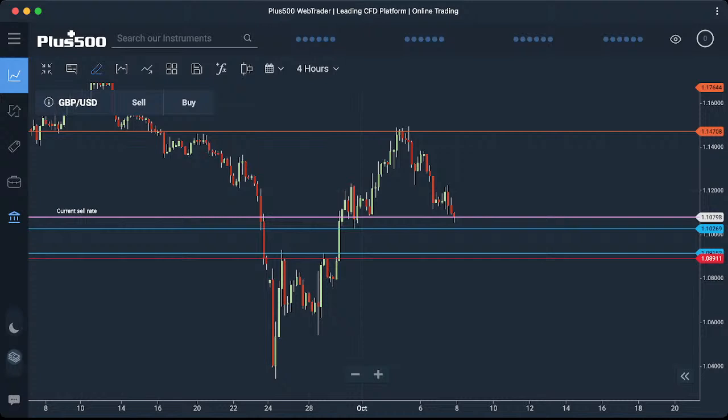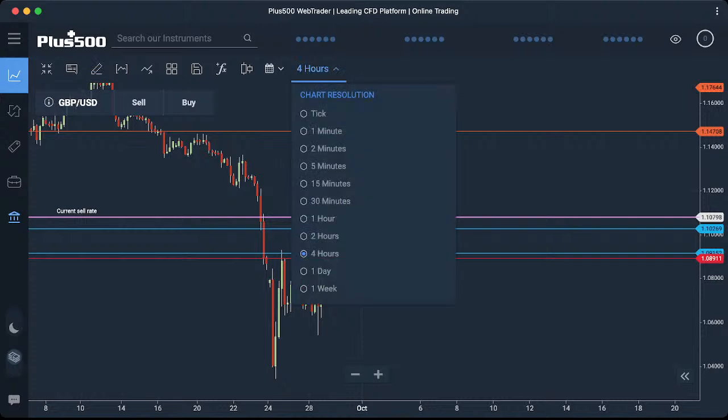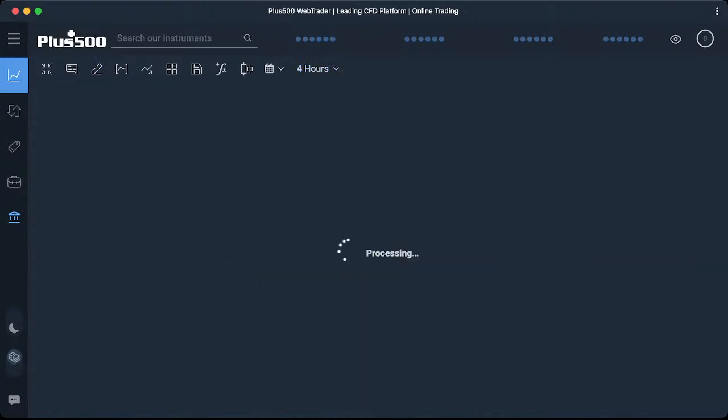I'm drawing in the chart, so you can see this is also another level which is actually in line with that weekly rejection block.